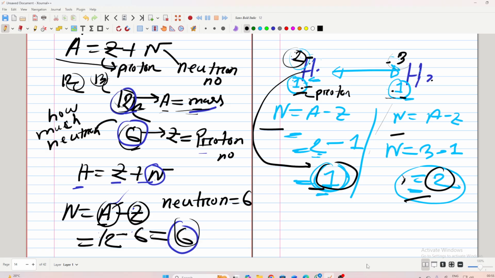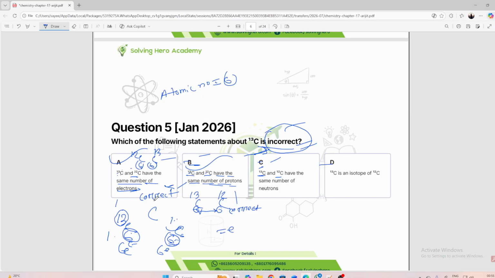So in the same process, calculate the neutron number. For carbon-13 and carbon-12, neutron number equals A minus Z. Here A is 13 minus Z, which is 6, that means 7.